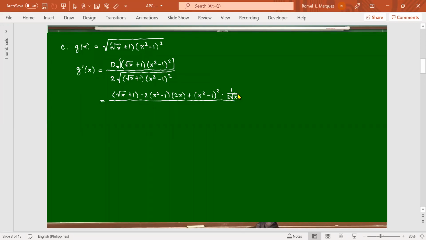That's the derivative of square root. Okay? All over, copy the denominator, 2 is square root of x plus 1, x squared minus 1 raised to 2. Okay, guys? No more derivative.